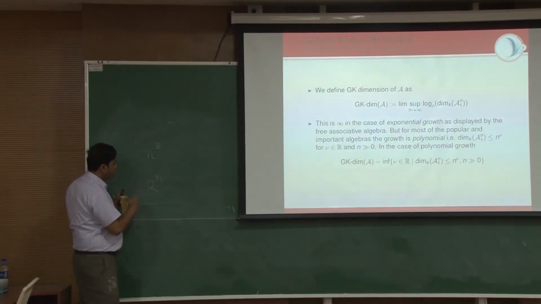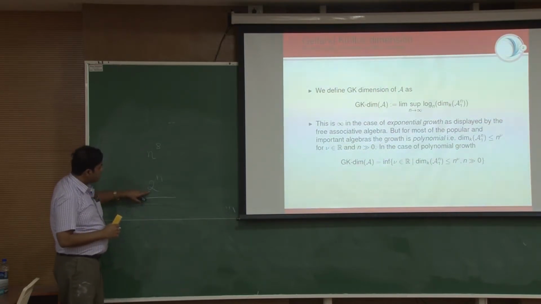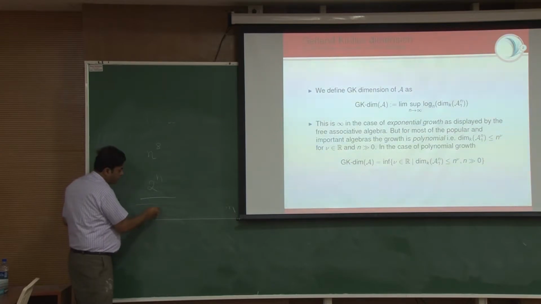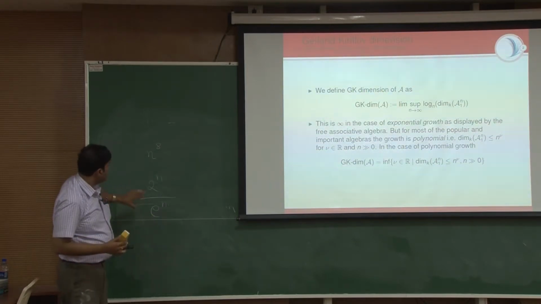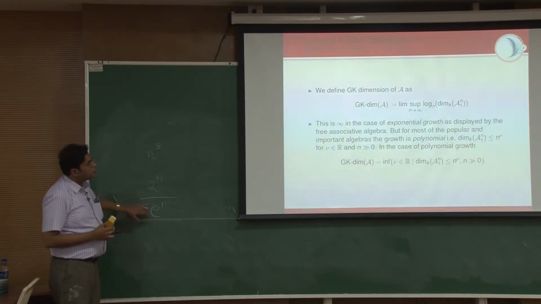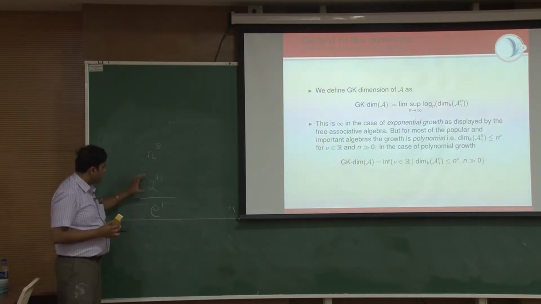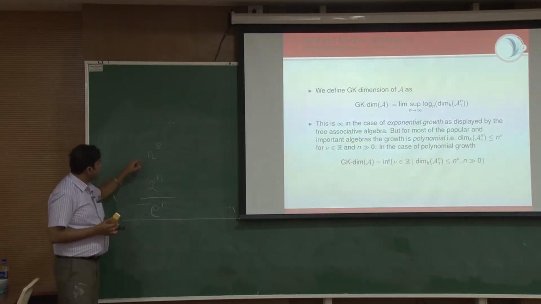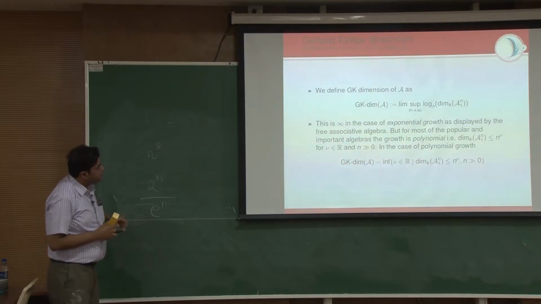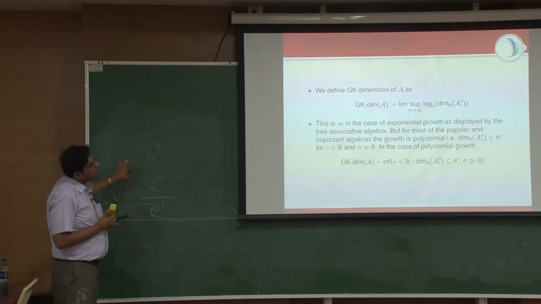I write 2 to the n here because if you take any other base, even e to the n and 2 to the n, there will be different growth rates, but so far as GK dimension is concerned, they will be equivalent as growth rates, in fact. So these are some important growth rates.